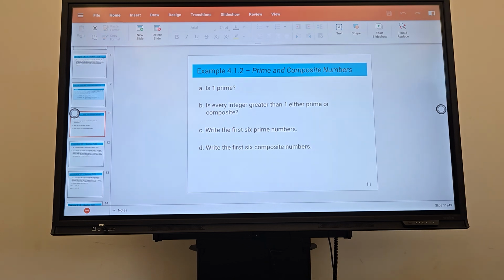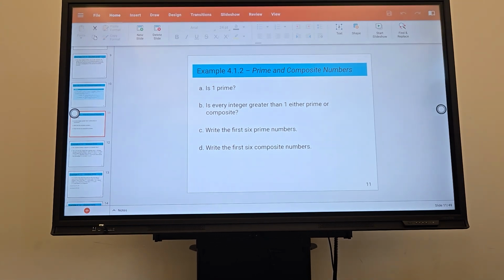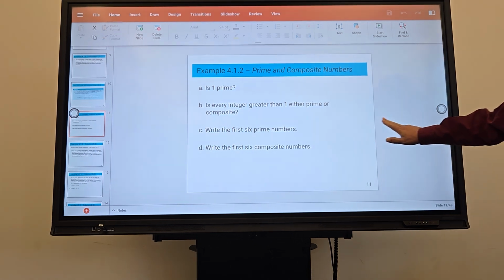What are the first 6 prime numbers? Not 9. And the first 6 composite numbers are 4, 12. Yep.